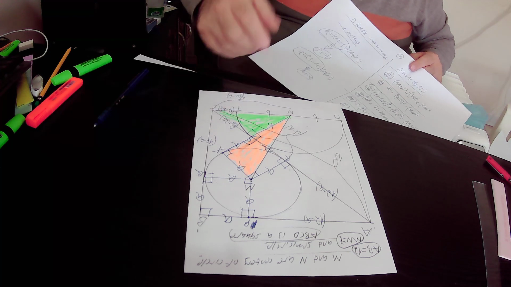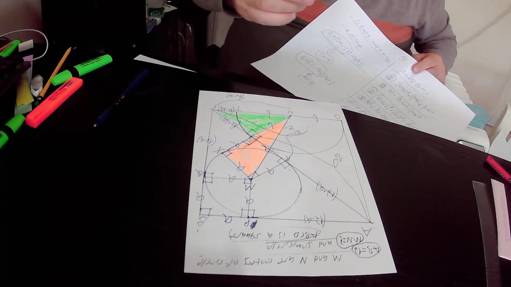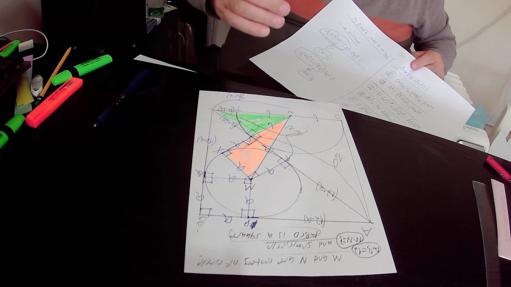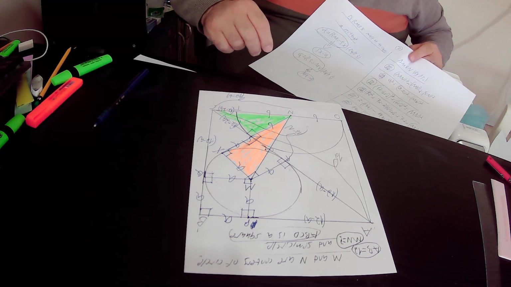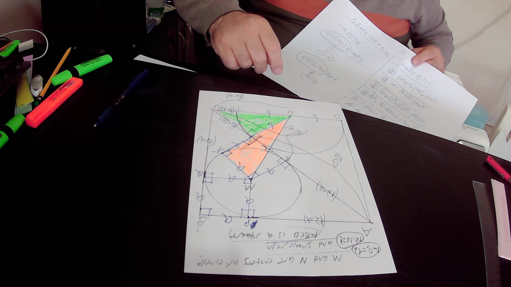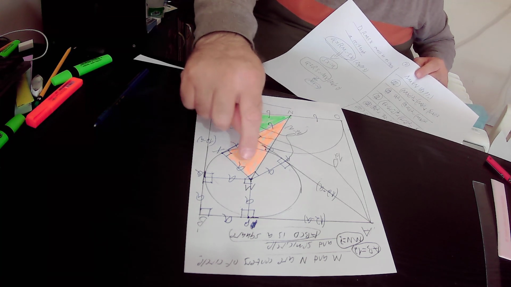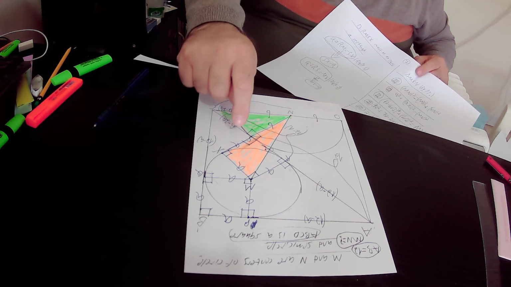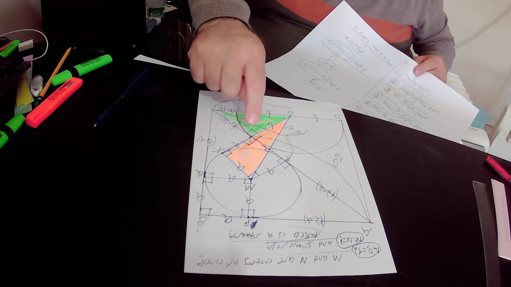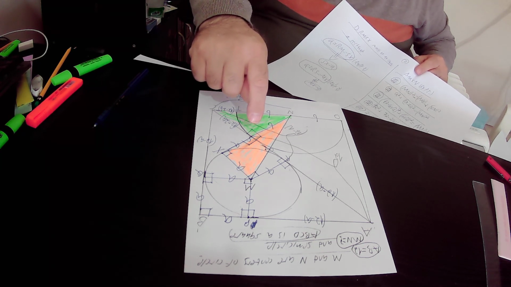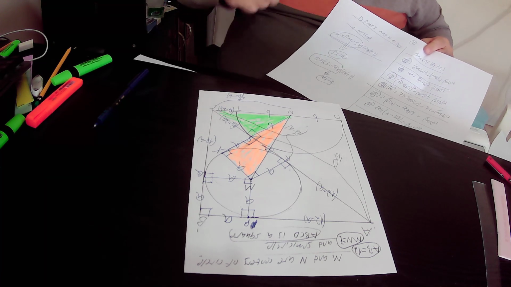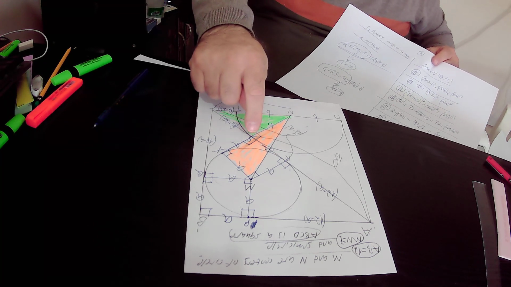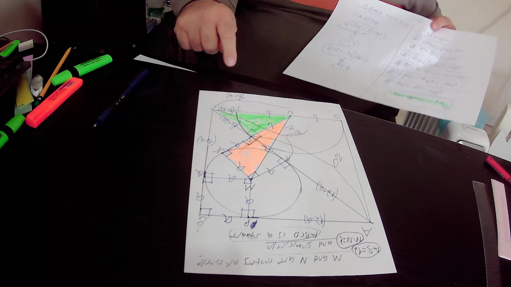So actually we found out that quadrilateral RMXS is a square, because all of its sides are equal to each other. Then we focused on the fact that angle MXN is a right angle, so the orange triangle MXN is a right triangle, and we can implement the Pythagoras theorem on it.